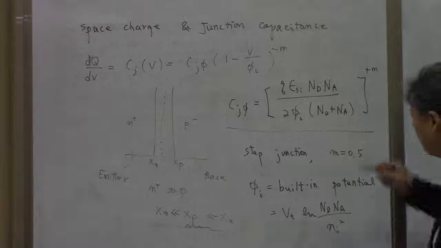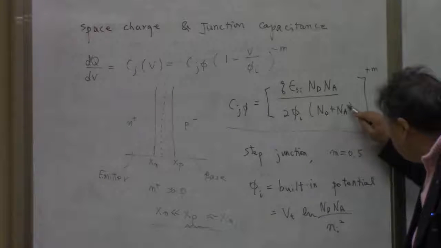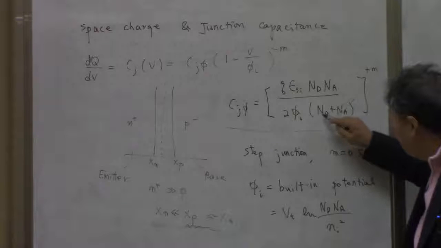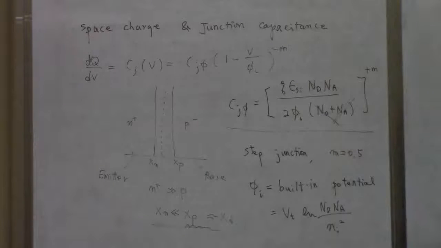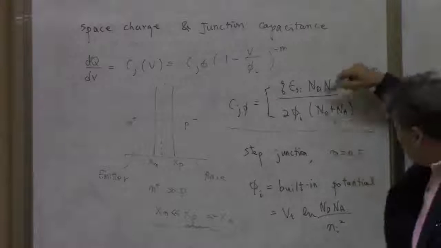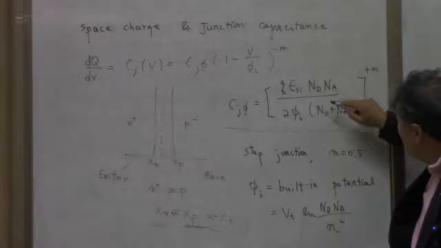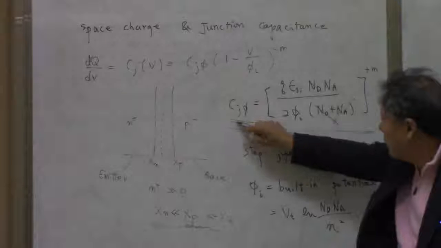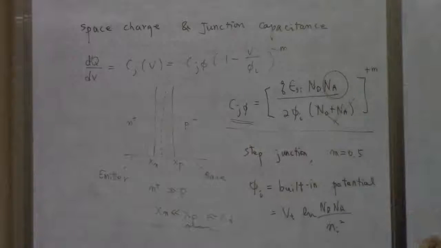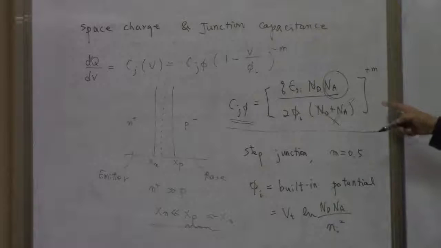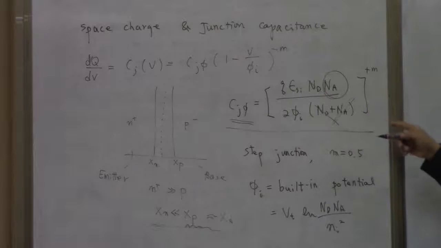Like if N D can be neglected, then this whole thing is going to be cancelled, so that the whole capacitance C J phi is going to be a function of the lightly doped region only. Okay, so the lightly doped region is really important in this capacitance.